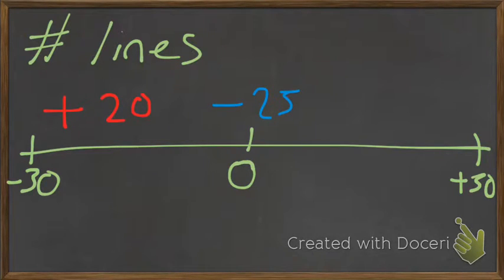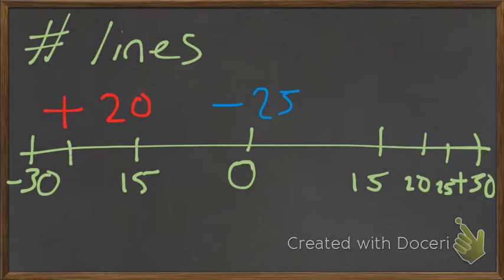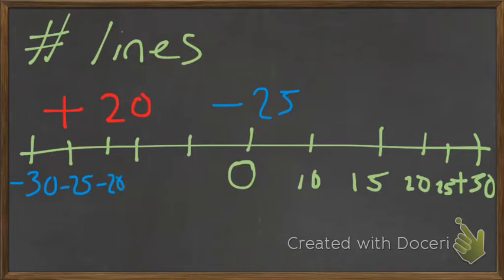Now, halfway will be 15. This should be 20. That will be 25. Here will be negative 25. Here will be negative 20. We'll call that 10 and that 10. Everything on this side, I'm going to redraw as a negative in blue. Negative 30, negative 25, negative 20, negative 15, negative 10.